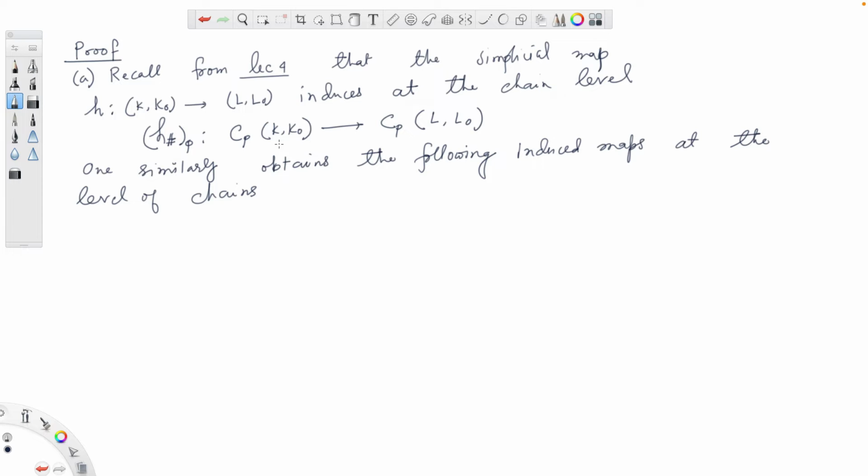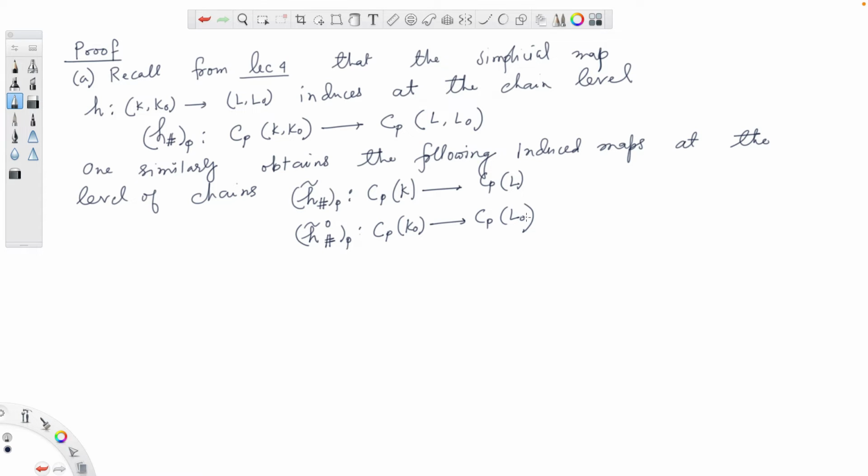Now for the absolute chain groups, we have the induced homomorphism as well, which we denote by H tilde hash at P, which is a group homomorphism from C_p of K, the pth chain group of K, to the pth chain group of L. And then we have H tilde 0 hash at P, which is the homomorphism from the pth chain group of K0 to the pth chain group of L0.